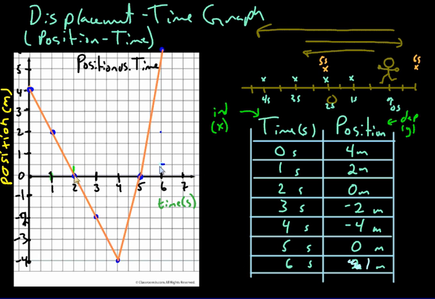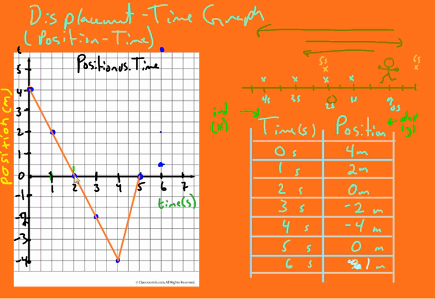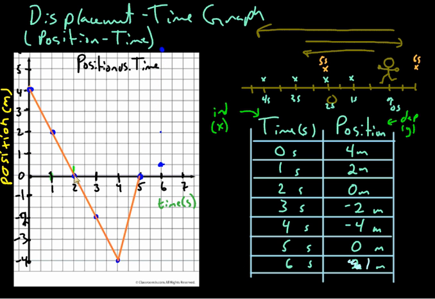Then this would change. And it would look like this. Right there like that. So you can tell what your speed is by how much distance you're covering in a given amount of time, okay?